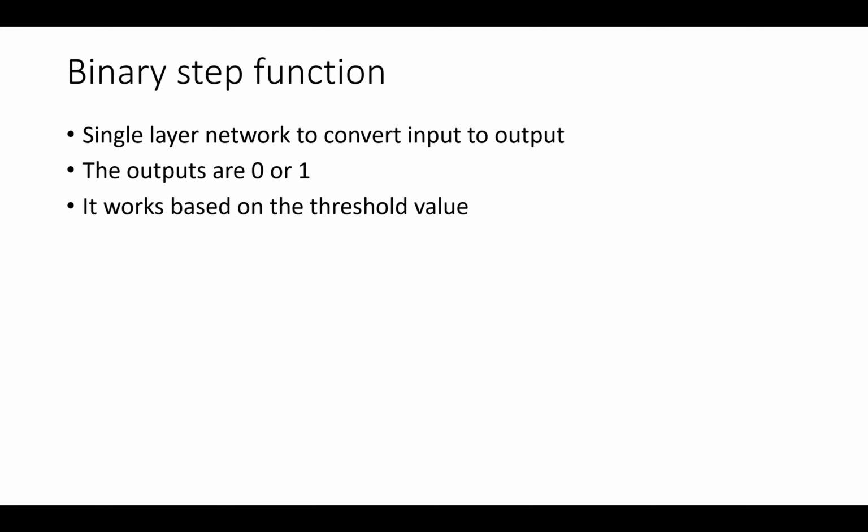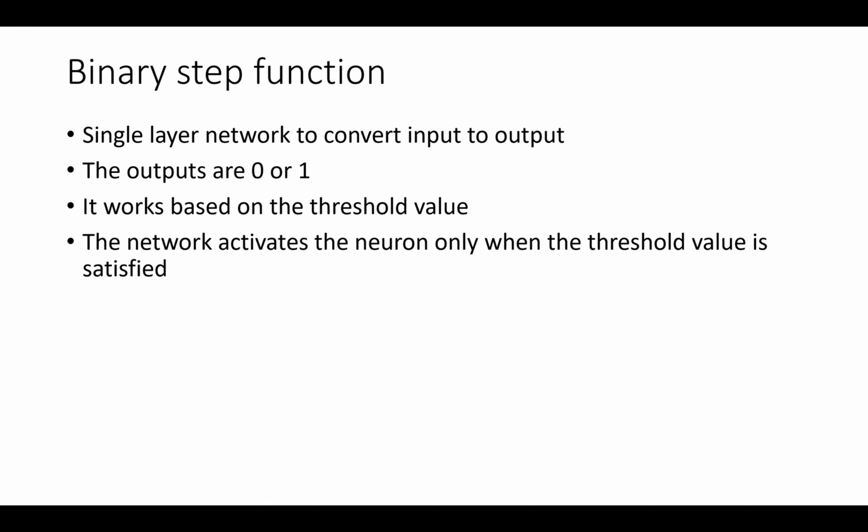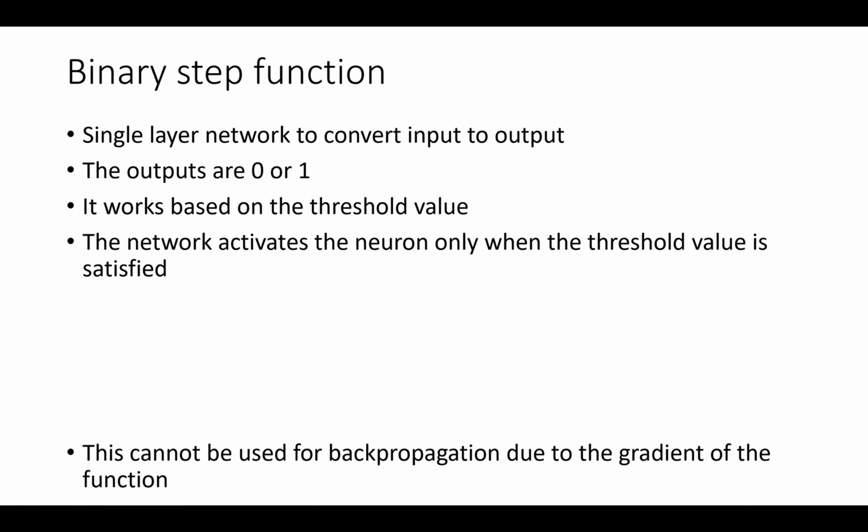The basic working of this binary function is it works based upon a threshold. It works on a principle where if a certain rule is satisfied, then the neuron is activated. Until then, the neuron is deactivated.